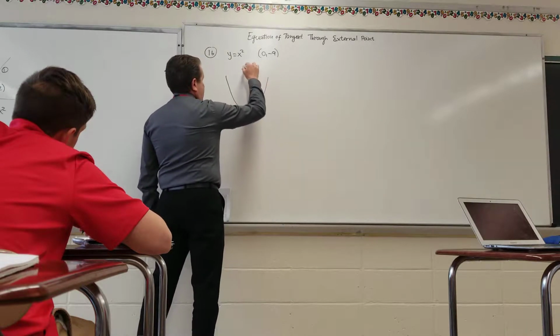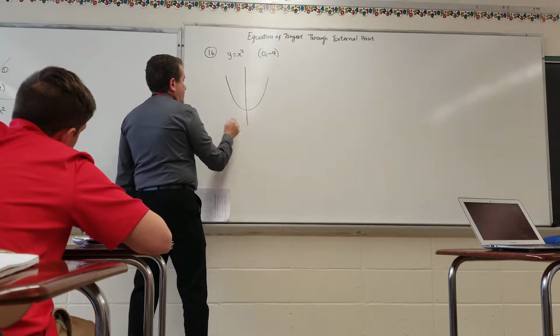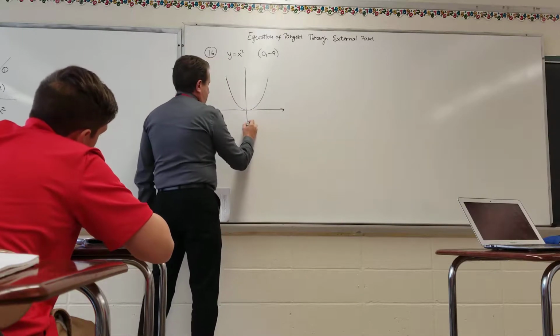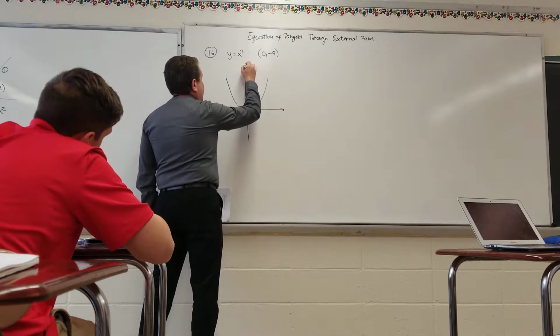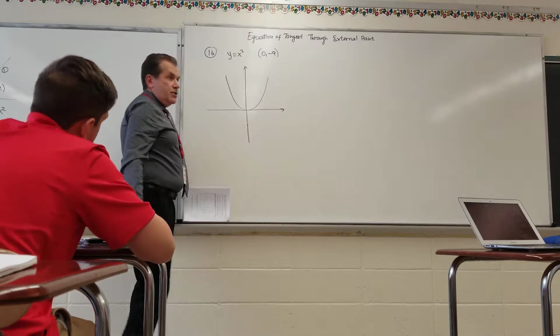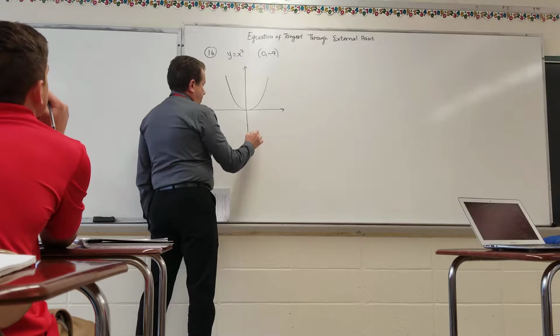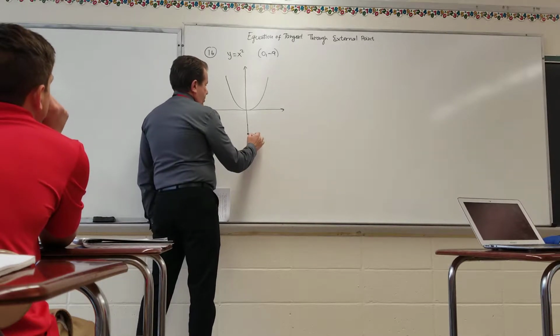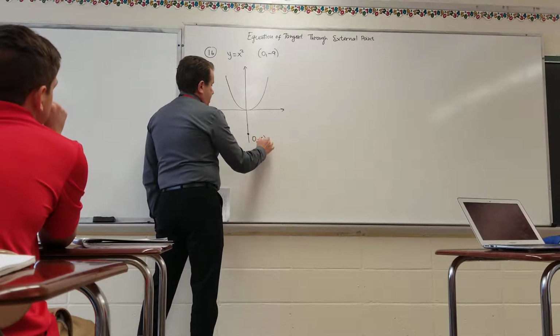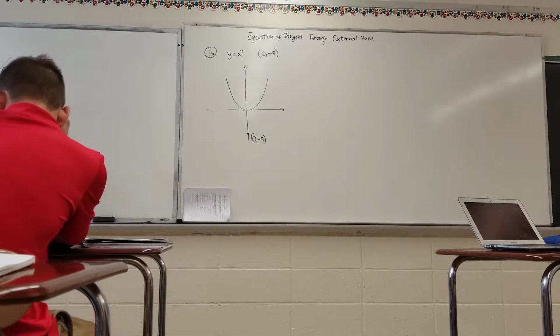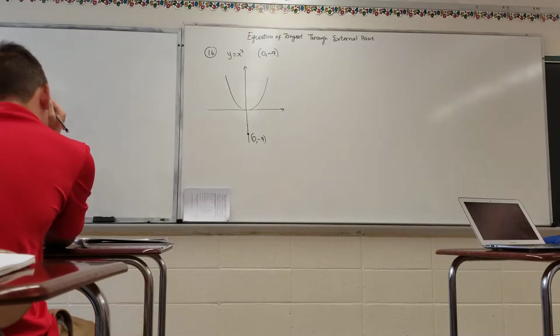The story is pretty much this. This is your parabola, let's say. Right? And somewhere on the y-axis below the parabola, you have a point. That point is (0, -9). And from this point, we want to draw a tangent to the graph, right?